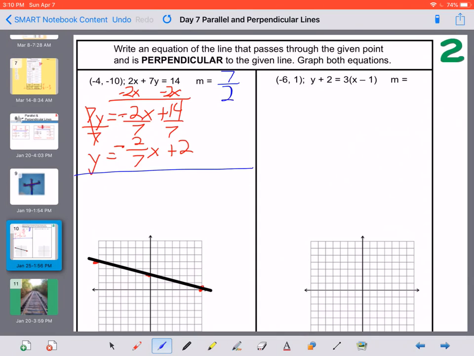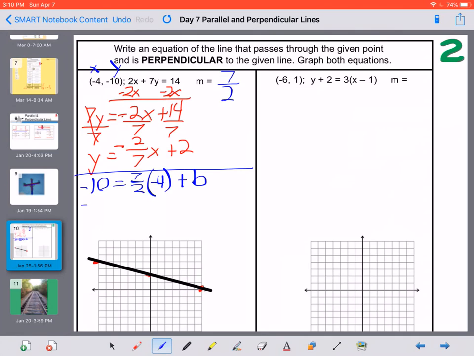And how we figure this out is we got to put this into our slope-intercept form. We know that x is -4 and y is -10. So I'm going to start with -10 equals, this time I'm going to use my perpendicular slope, 7/2 times -4. We're going to find b using this equation.